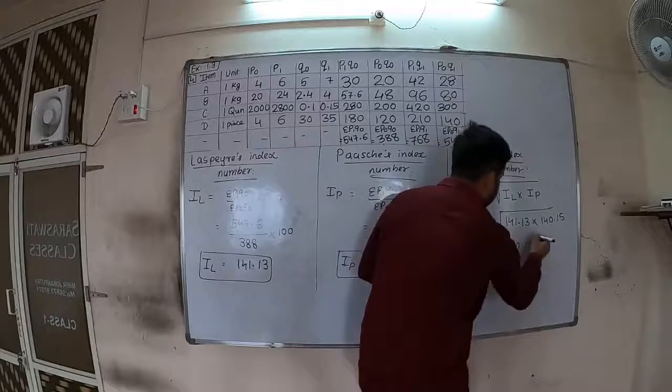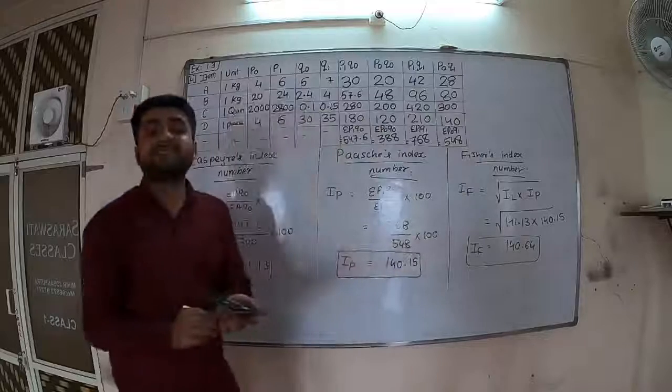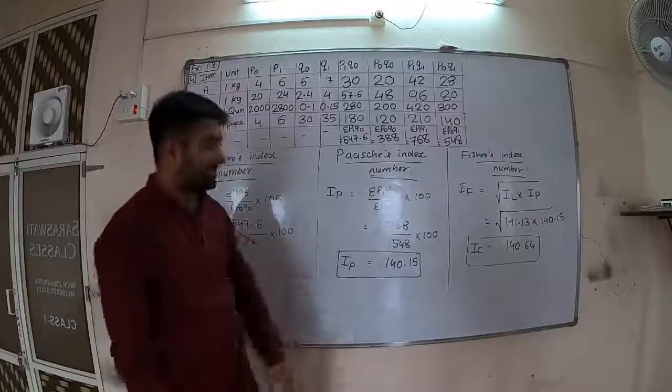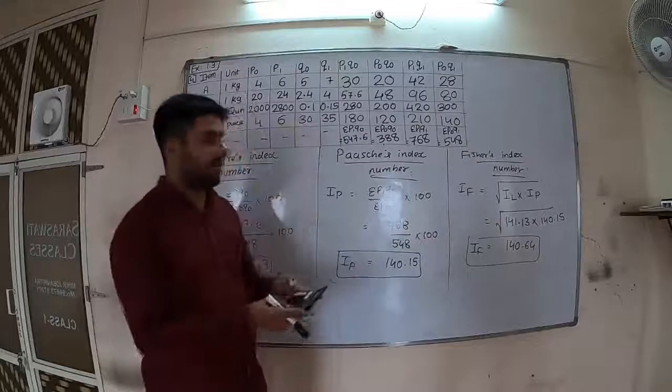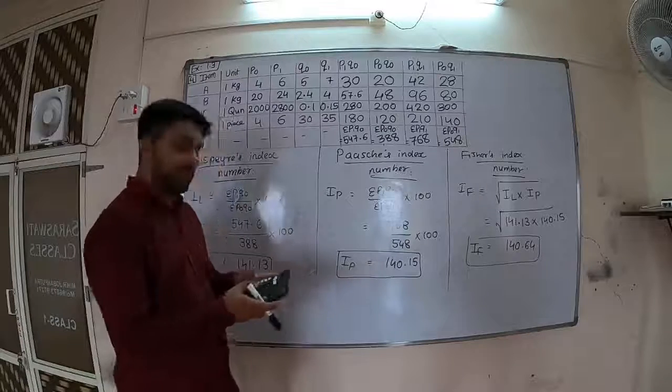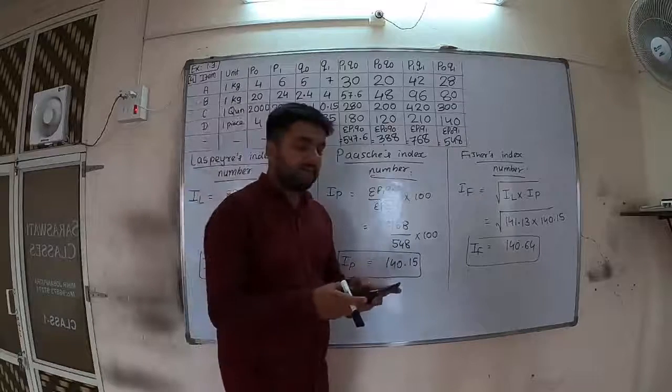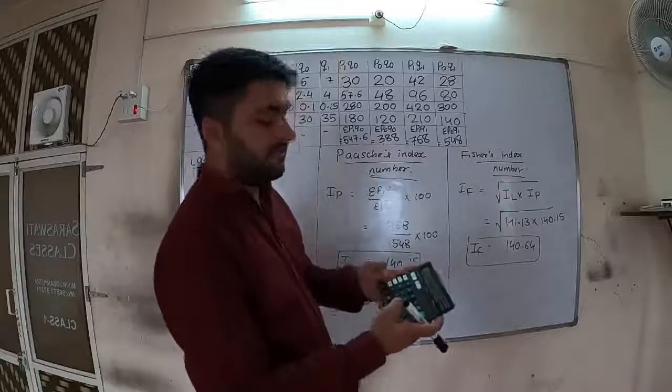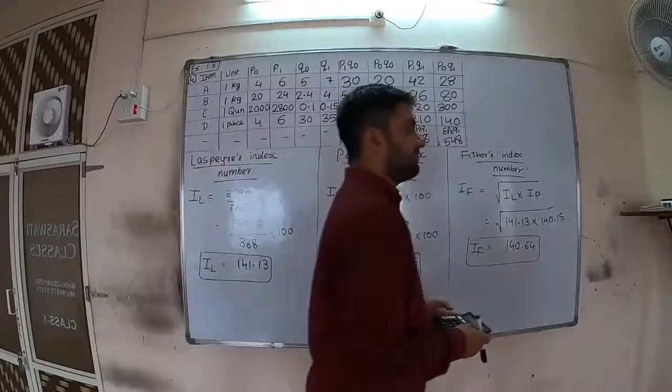As I always say, Fisher's answer will be between Laspeyres and Paasche. Is it? Yes. How to do it again? 141.13 multiply 140.15, equal to button, then square root, so 140.64.